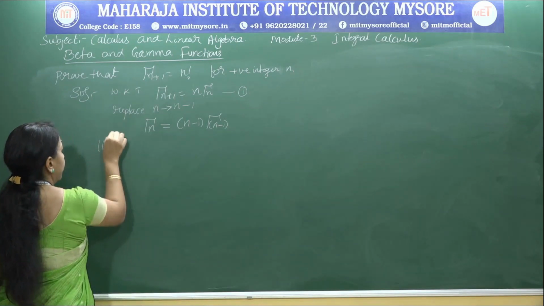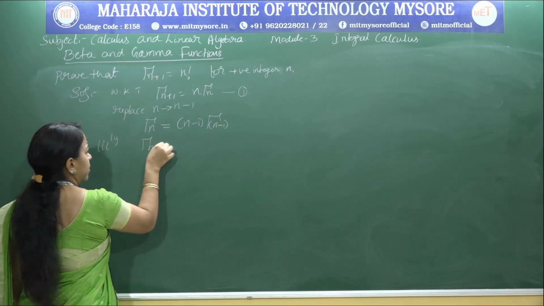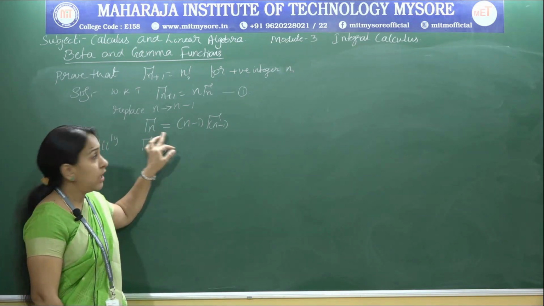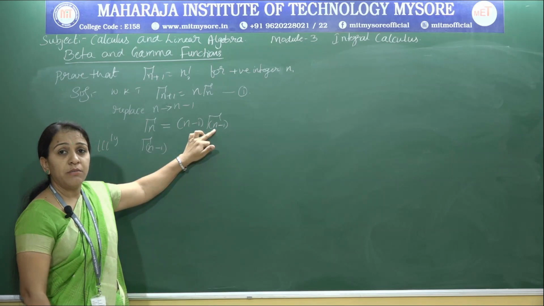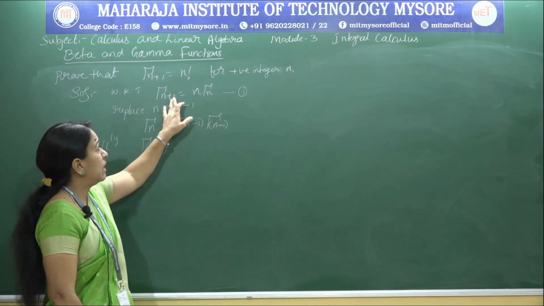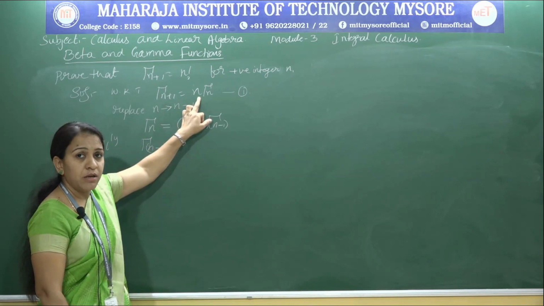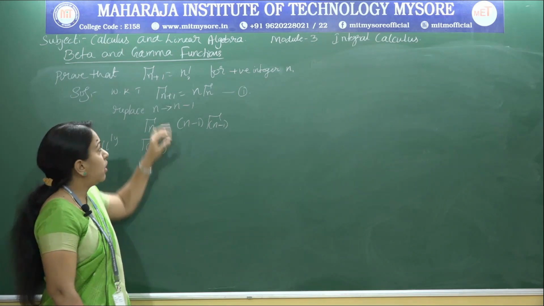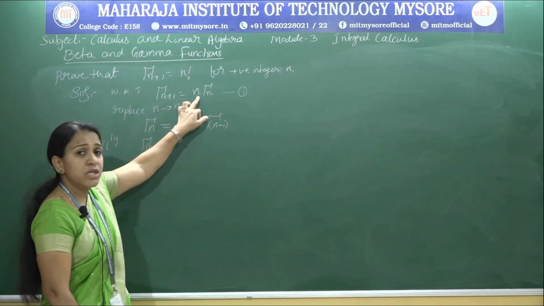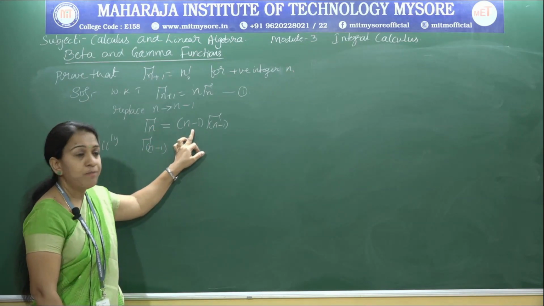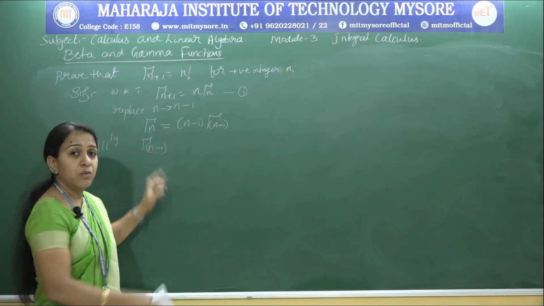Similarly, gamma n minus 1 is defined as n minus 2 into gamma n minus 2, that is, the previous number of n. Here also, for n plus 1 the previous number is n, right. So instead of substituting in all the steps, let me define in general that for n plus 1 the previous term is n. Similarly, for n the previous number is n minus 1. So how to define gamma n minus 1?